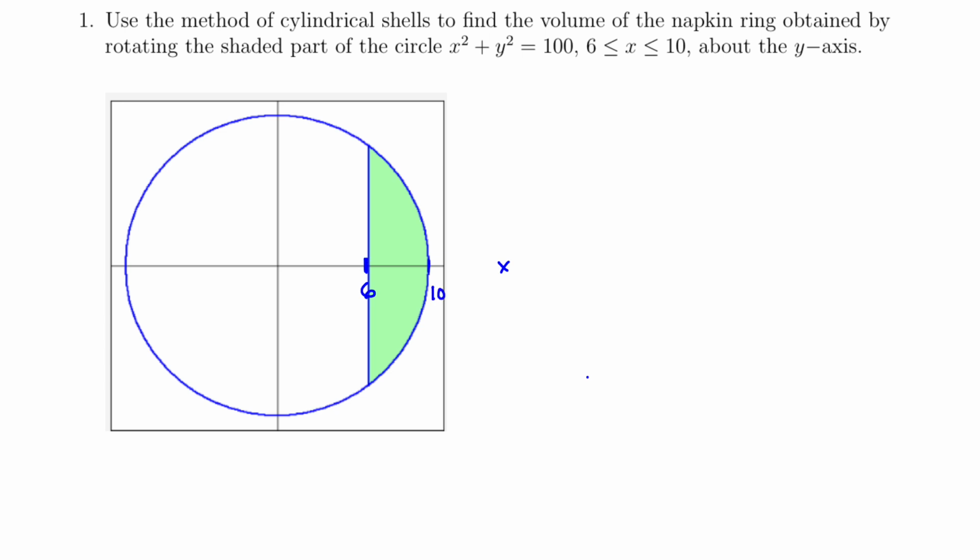They want us to rotate this green shaded part about the y-axis. When you do, you get almost like a bangle bracelet. They also call it a napkin ring. This is like one of your homework problems.